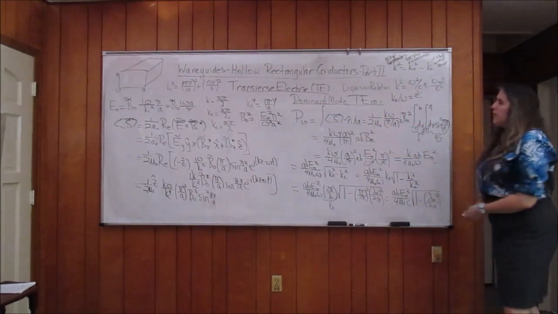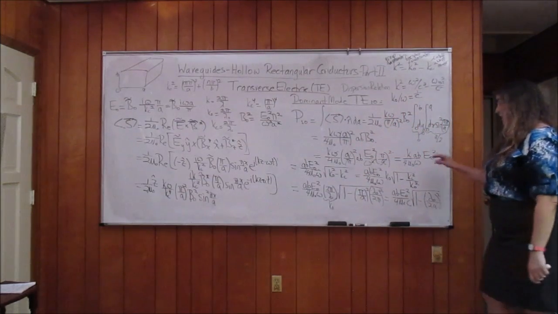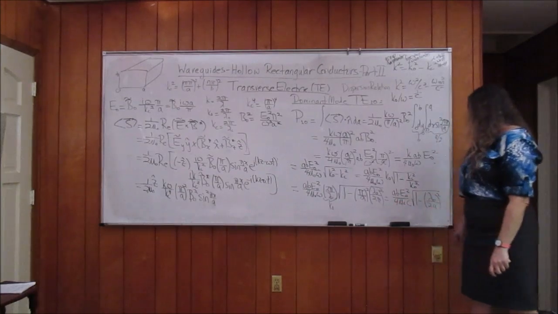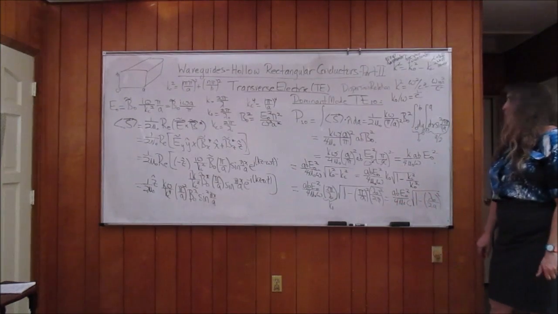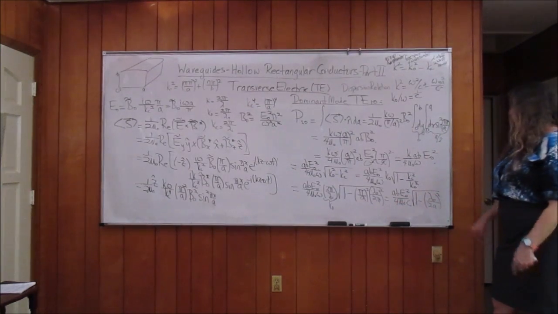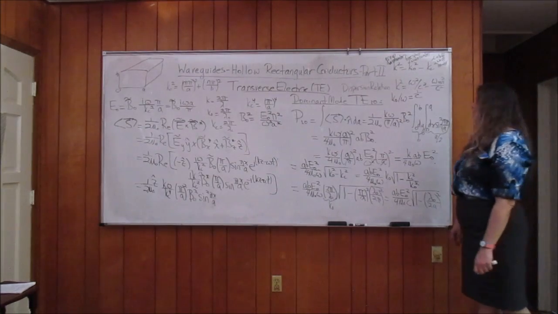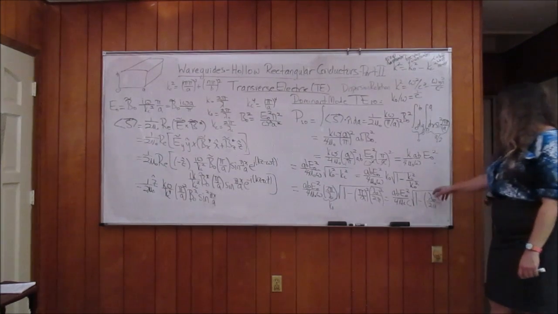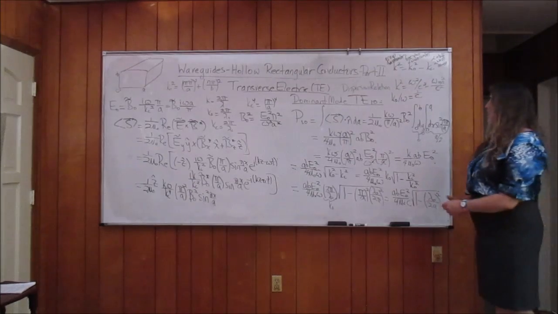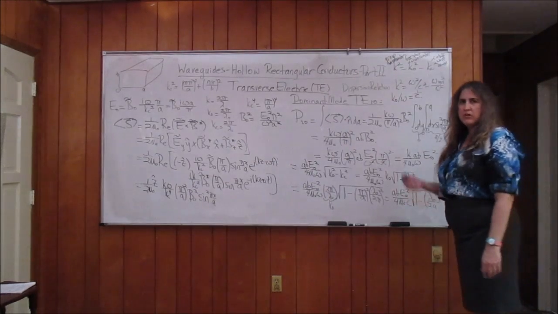And that is the power that's transmitted, expressed in terms of the peak amplitude, and also expressed in terms of the free space wavelength. You see, once you know the driving frequency, you can just figure out what lambda is, because c is just equal to lambda times frequency.